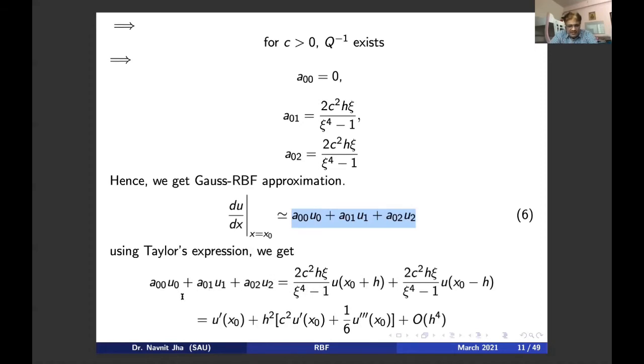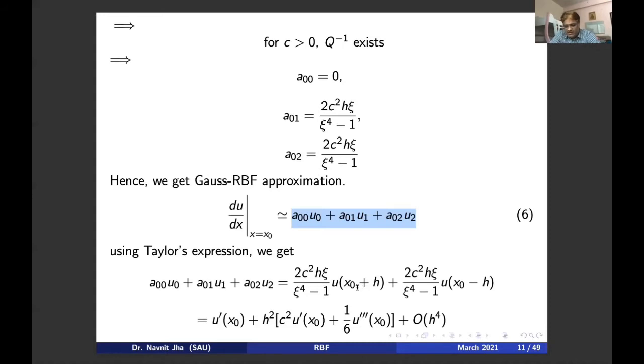And what is U0? A00 is, I think, 0. So yeah, A00 is 0. So the first part is gone. A01 I have kept here. U1, for U1 I have written U at X0 plus H, and U2 is basically U at X0 minus H. Just expand it with the help of Taylor series.